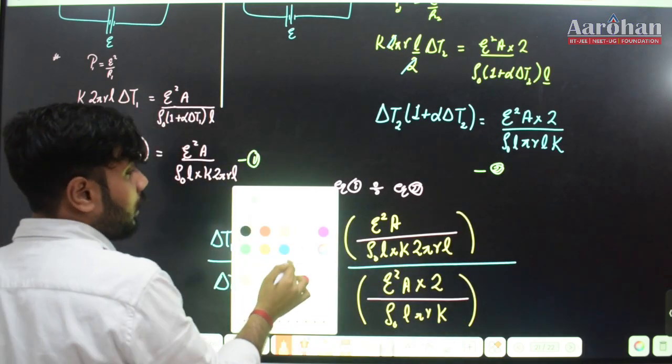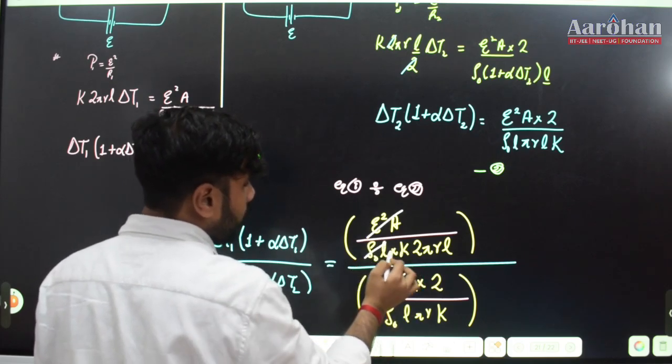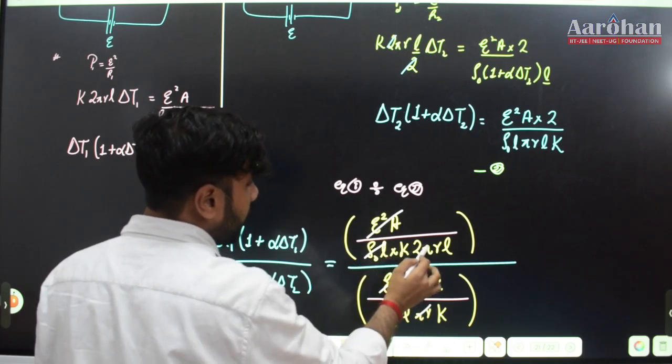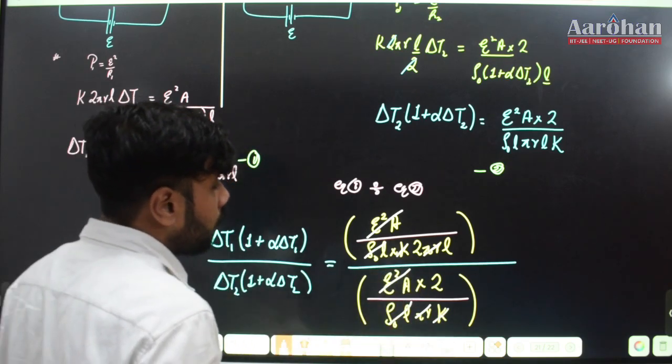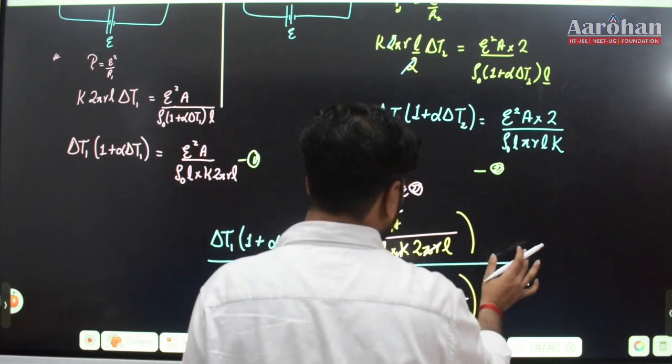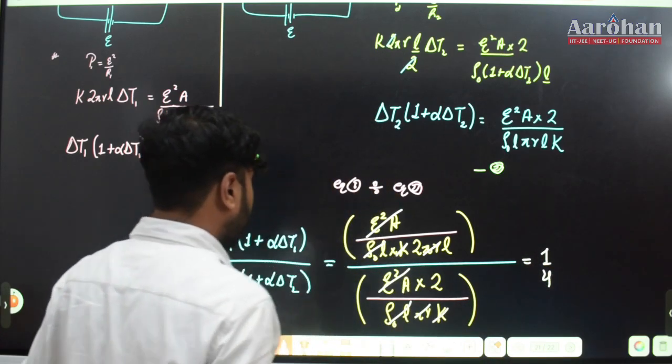And here if you see, E square will get cancelled out, rho naught L will get cancelled out, pi R will get cancelled out, K and K will get cancelled out. So overall you will get 1 by 4 here, right?